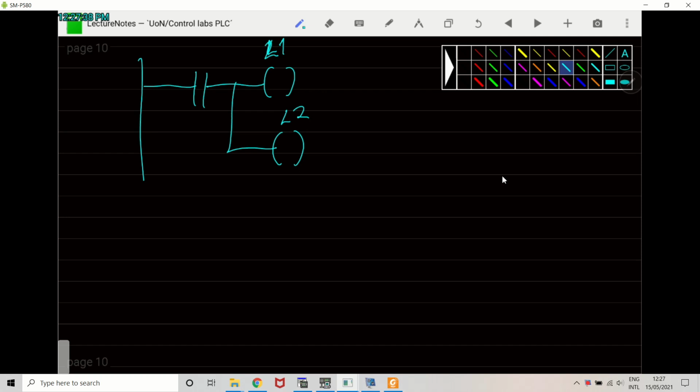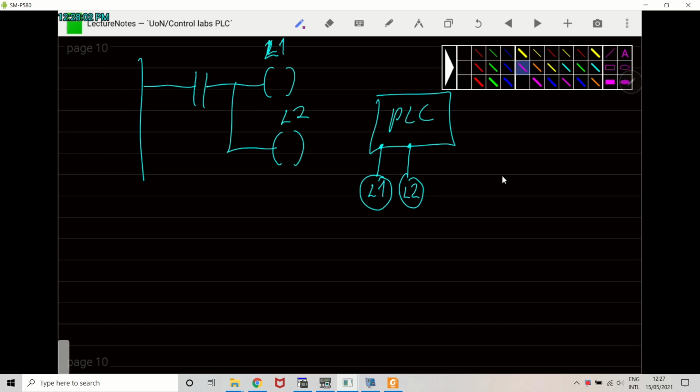Meaning lamp 1, like I said, the PLC is there, you tap an output and it goes to lamp 1, and that's it. So lamp 1 should never be connected to anything else other than the PLC. Similarly, lamp 2, which is the actual lamp, should only be connected to the PLC and nothing else.